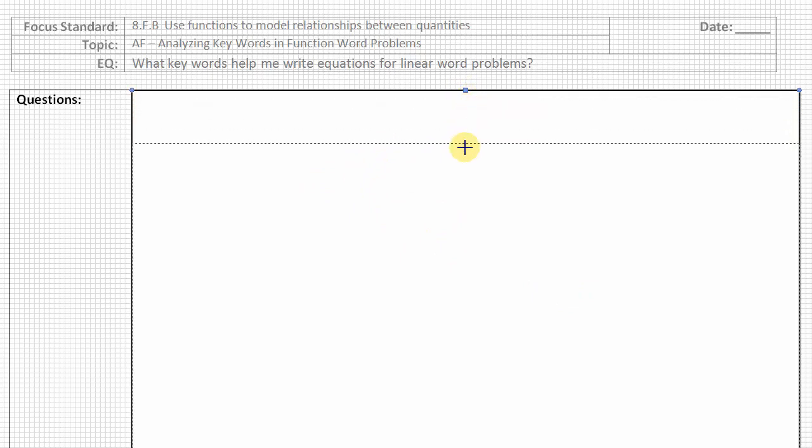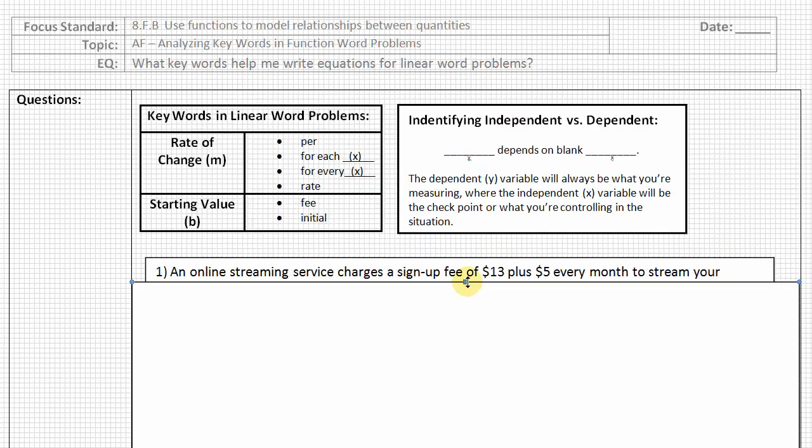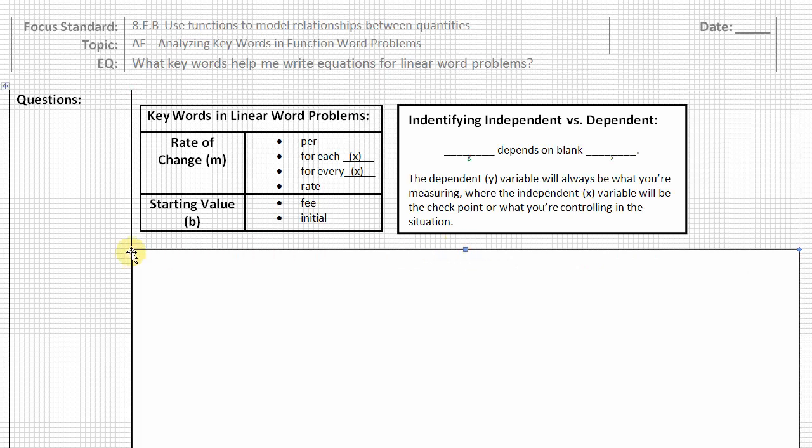So I want to start off by giving us some information about keywords in word problems where we know that they're going to be linear. In linear word problems, we know we have a rate of change and a starting value. Oftentimes, when they're talking about the rate of change or the slope, they're going to use these words or phrases: per, for each, for every, or rate.